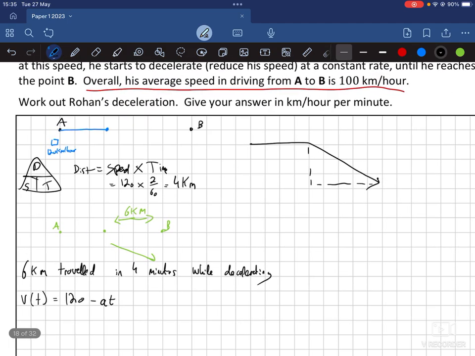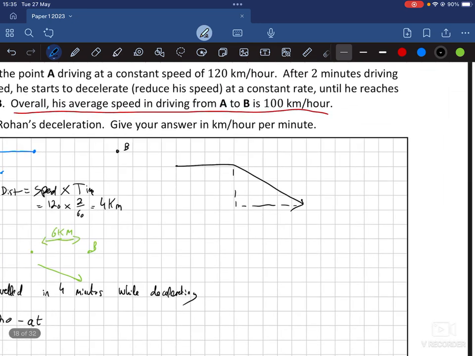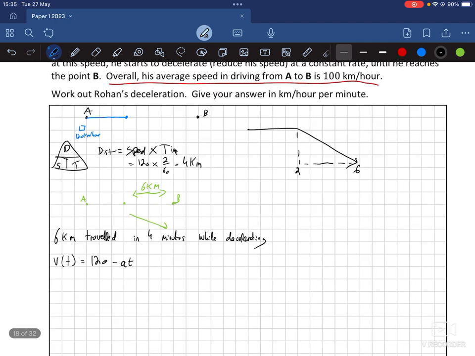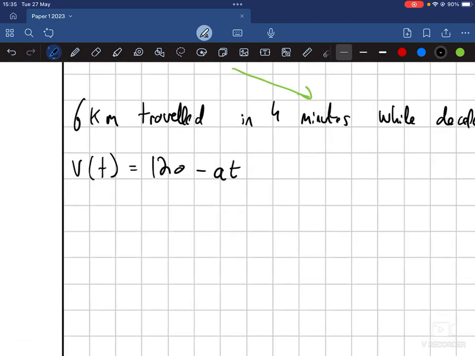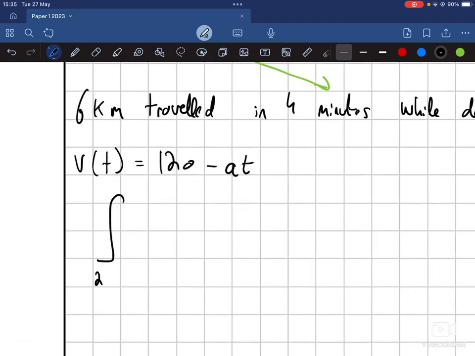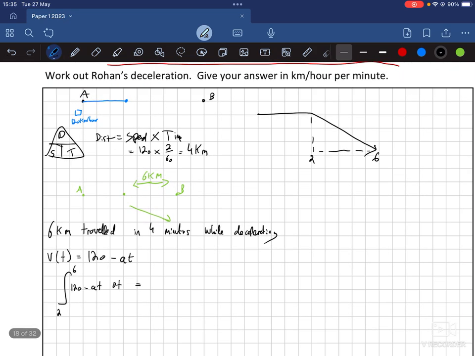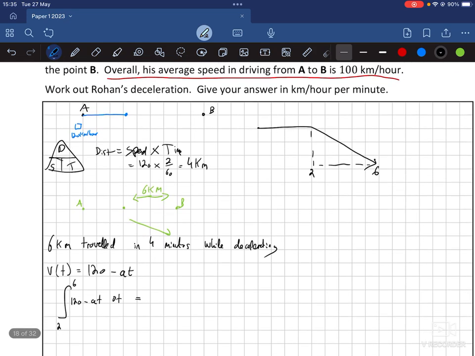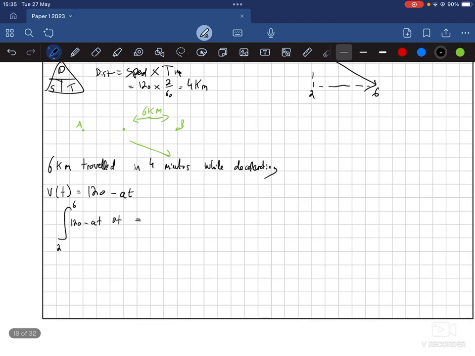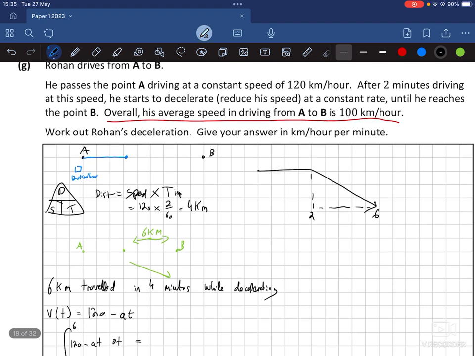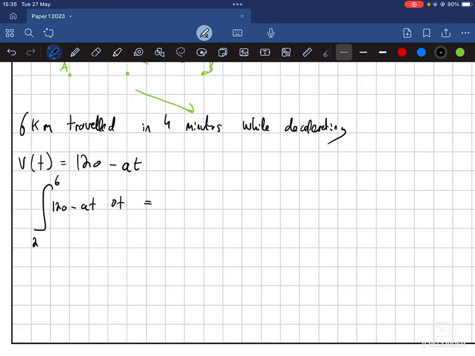So he traveled 2, and then it took him 4 minutes to do it. So I can integrate this, I think. The integral from 2 to 6 of 120 minus AT with respect to t. The area under that curve is going to be the distance traveled, which is 6. So that's equal to 6.